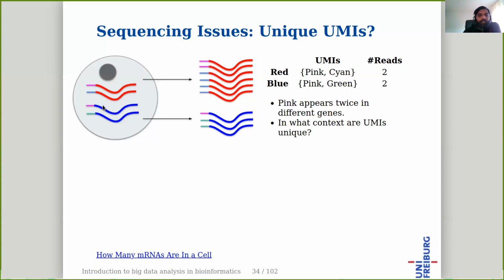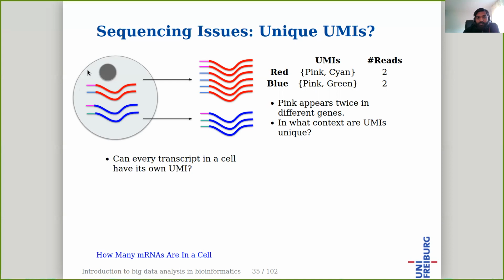We are safe because the sequences are different. The sequences of red and blue, red and green are different here. So even though the UMI is the same, we can distinguish by the sequence. If the sequences are the same, we can distinguish by the UMIs. So with the UMIs, you can distinguish transcripts at the transcript level.